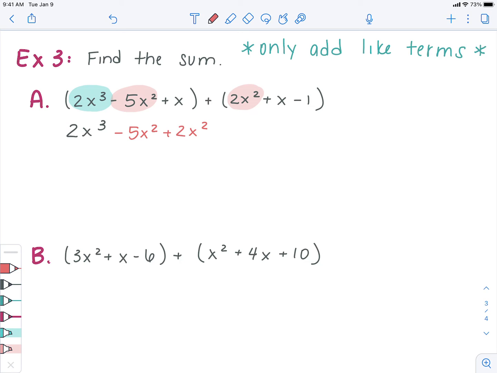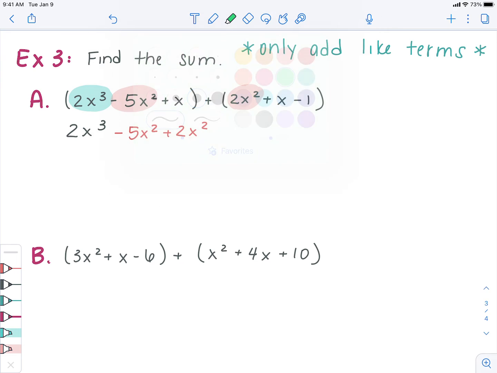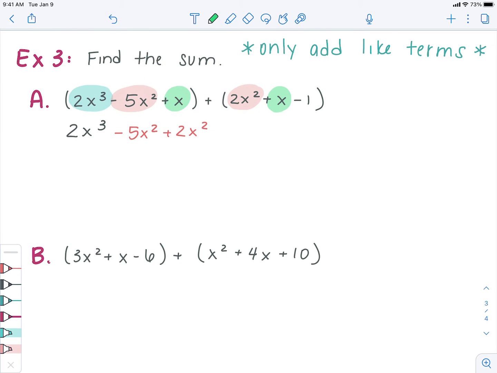Then I'm going to look at my next variable. I have a positive x, and over here I have a positive x. So when I'm rewriting this, I want to bring both of my positive x's down together.